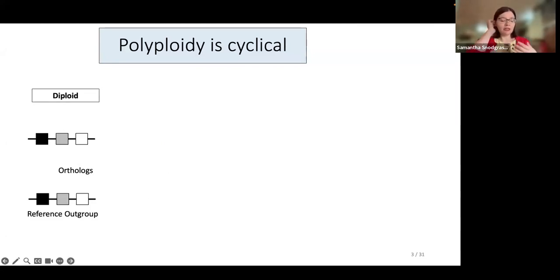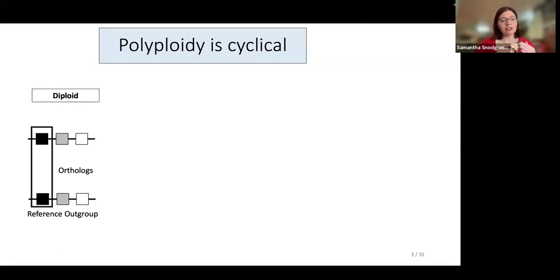So in this cartoon example, I've got two diploids here represented by these boxes, which are genes, and the line, the intergenic space. And I've got a reference outgroup that's not going to undergo this whole genome duplication event.